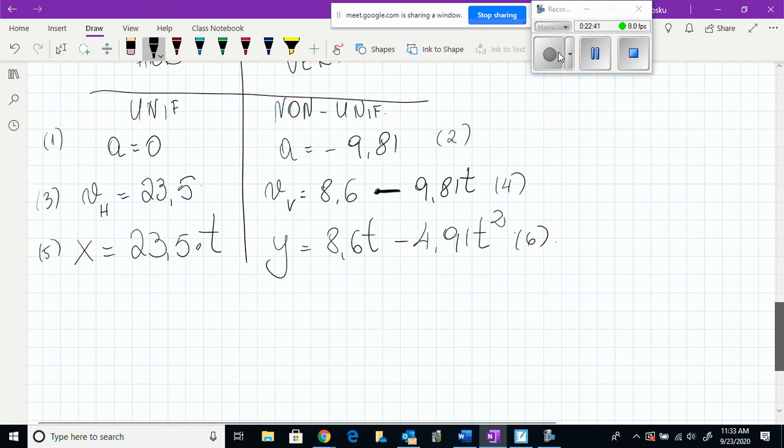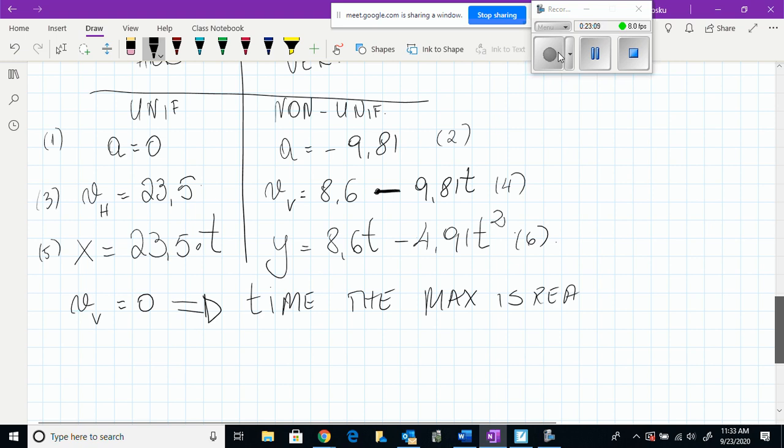So let's suppose I'm telling you, let's find when the vertical velocity is equal to 0, which is the same as me asking you what time the maximum is reached.